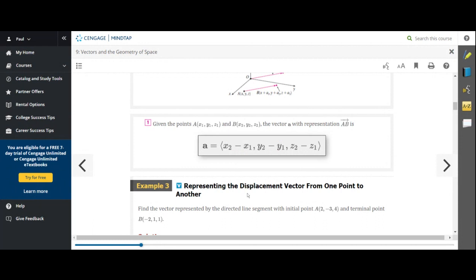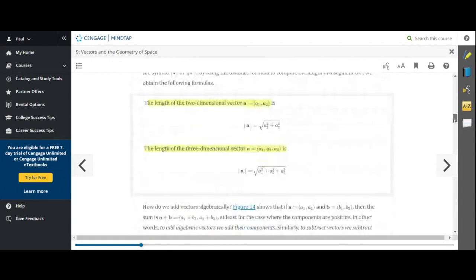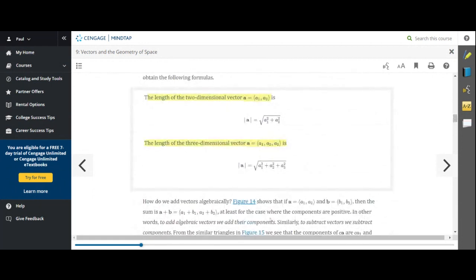It also works in 3 dimensions. And also, if you want to find the length of a 2-dimensional or 3-dimensional vector, you just square each of the components, add them, and take the square root.